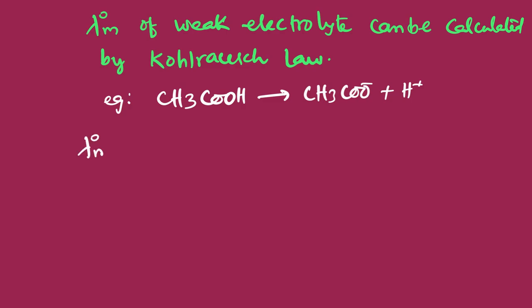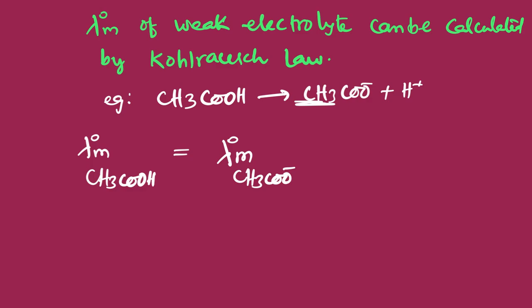Lambda naught m for acetic acid is equal to one anion, therefore lambda naught m CH3COO minus, plus one cation, lambda naught m H plus.